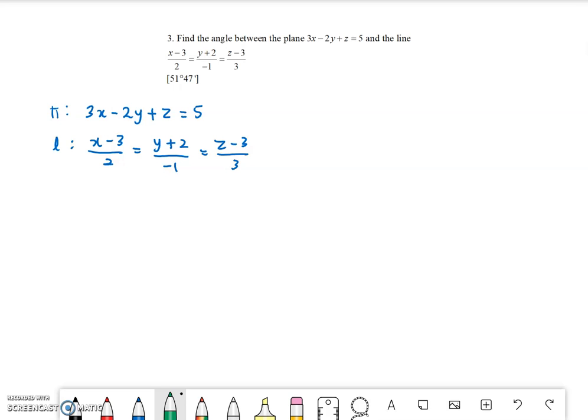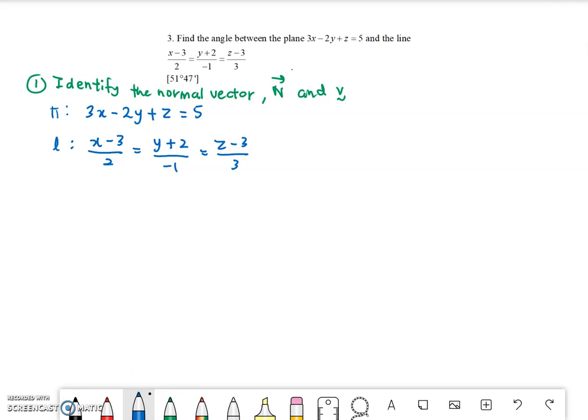So what we need to do first is identify the normal vector of the plane and also vector v.